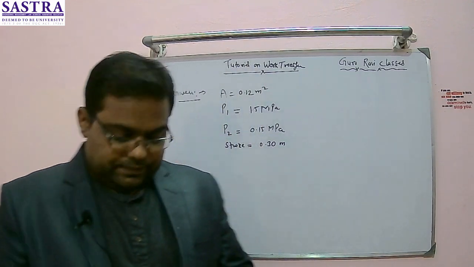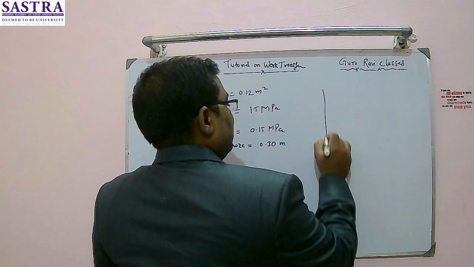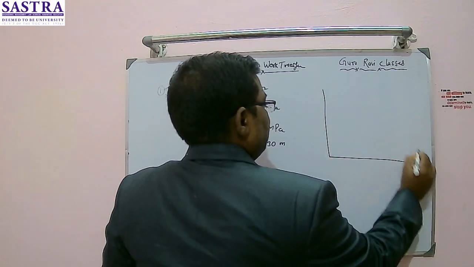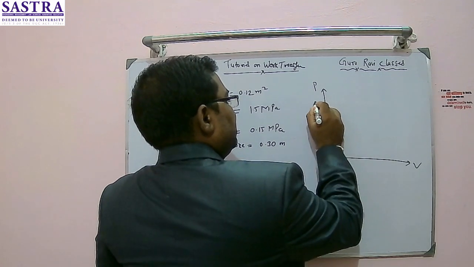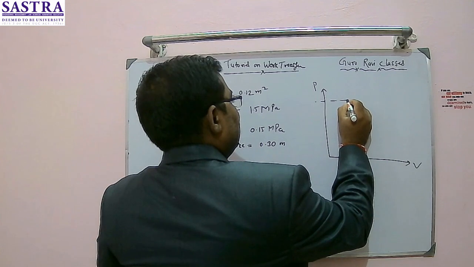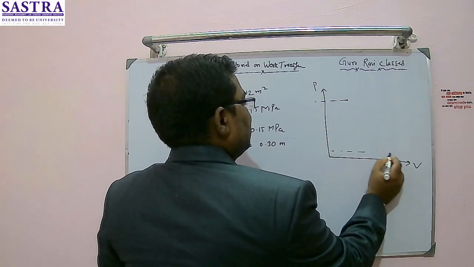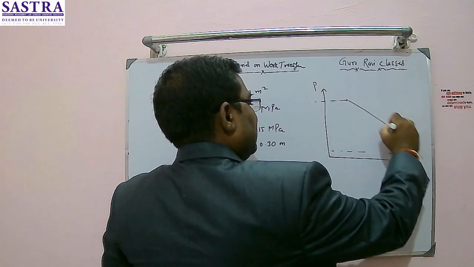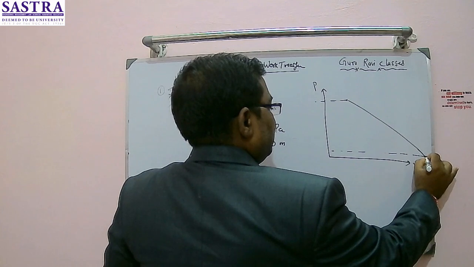Now, how to start? First of all, we need to draw the process. This is volume and this is pressure. The initial pressure is 1.5 megapascal, and the other is 0.15, which will be somewhere here. It is a straight line, so the process goes up to here.